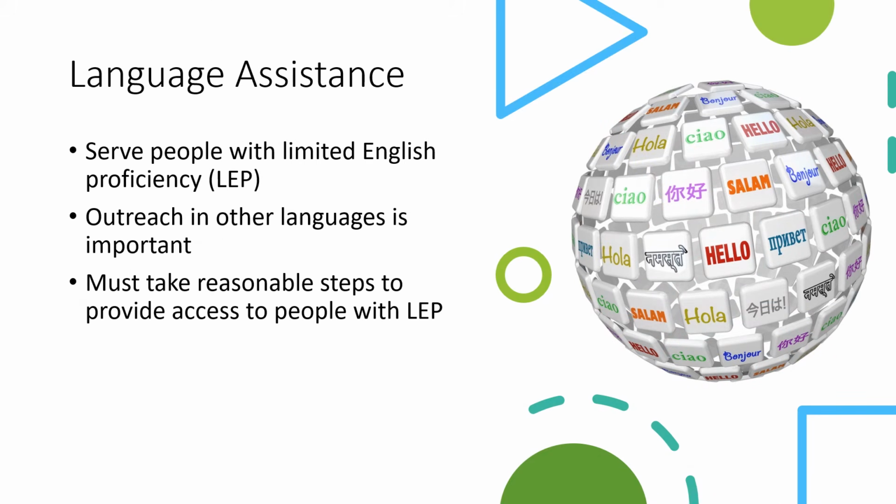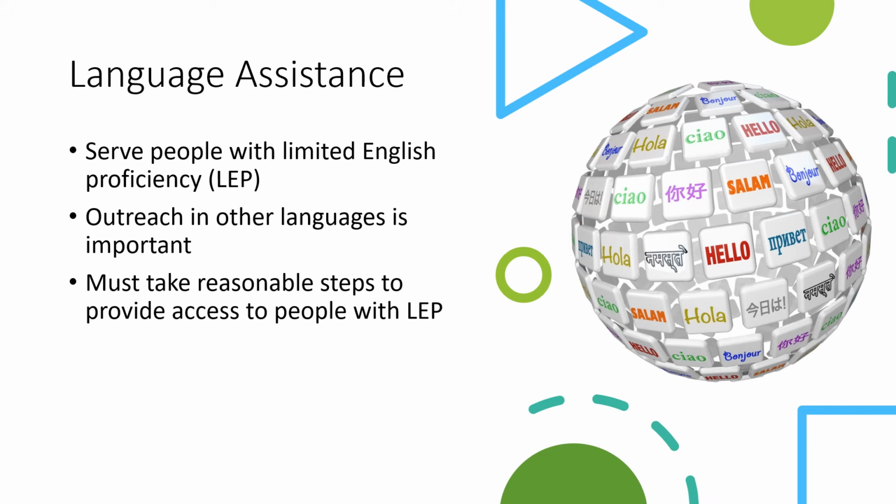In August of 2000, enforcement of Title VI of the Civil Rights Act of 1964 was issued. It stated that persons with limited English proficiency, or individuals who do not speak English as their primary language and who have a limited ability to read, speak, write, or understand English, could not be discriminated against because of the language barrier.